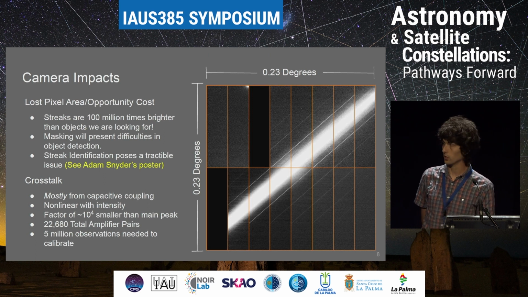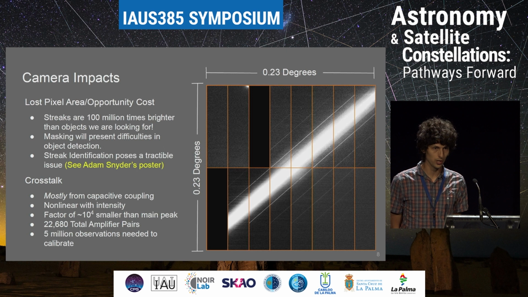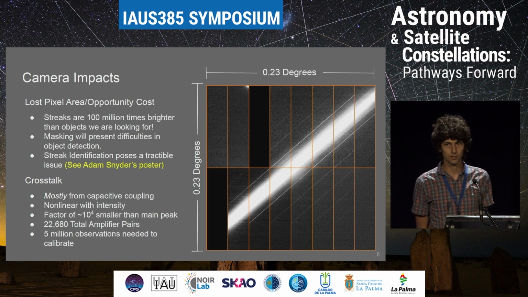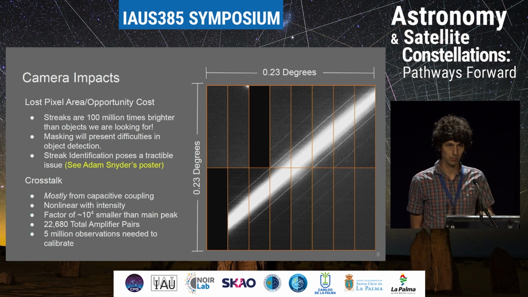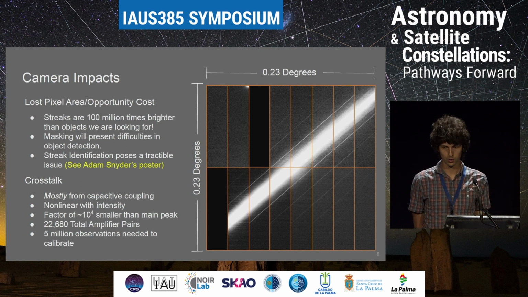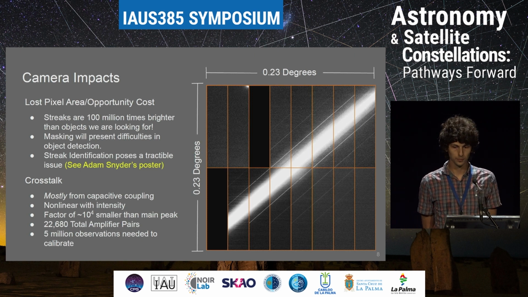But there's also, you can see this ringing effect where you don't just get the central streak, you get these other streaks in adjacent amplifiers. The reason for that is because there's coupling between the different amplifiers and the cabling coming out. So you get something like a much less bright streak each segment over. It's a factor of 10 to the 4 smaller.